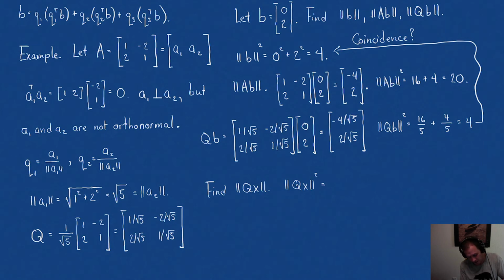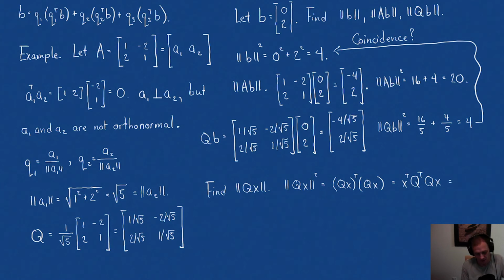So in other words, this is the same as (Qx) transposed times Qx. But our properties tell us that this is the same as x transposed Q transposed times Q times x. Well, what is Q transpose Q?